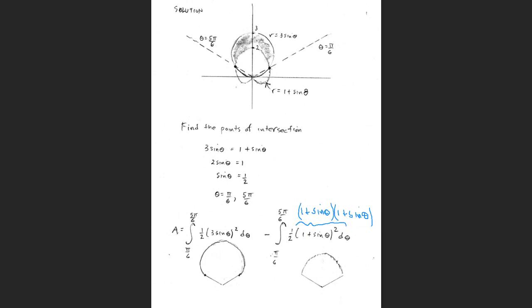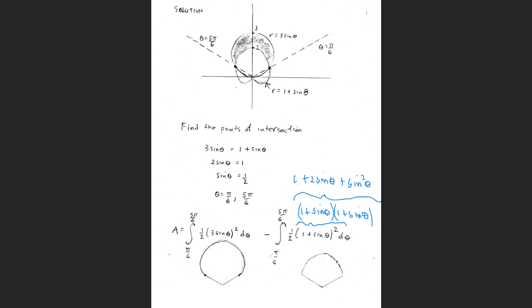And if you FOIL that, what you're going to get here is 1 plus 2 sine of theta plus sine squared of theta.